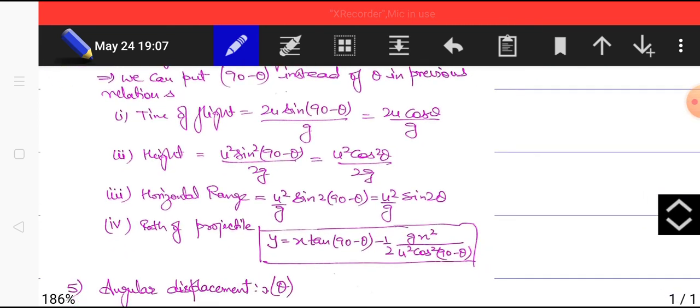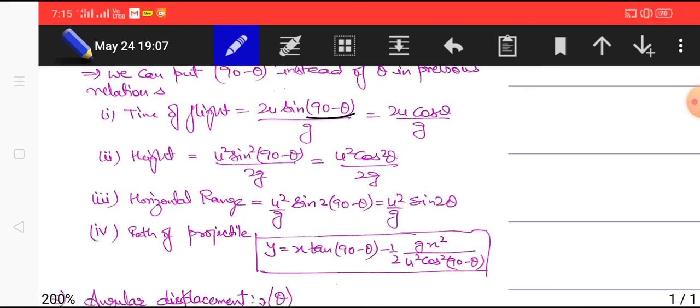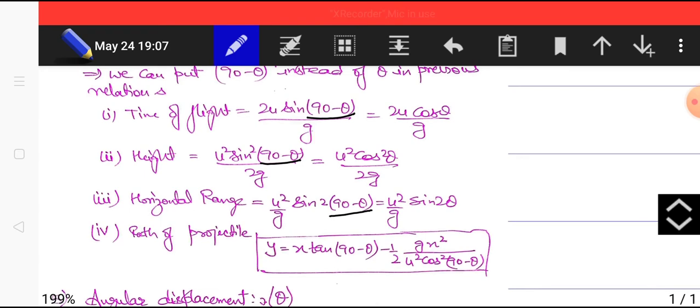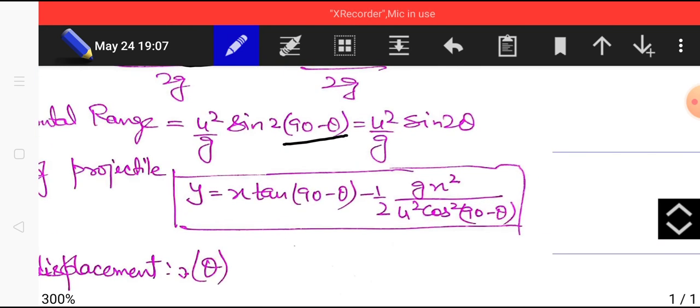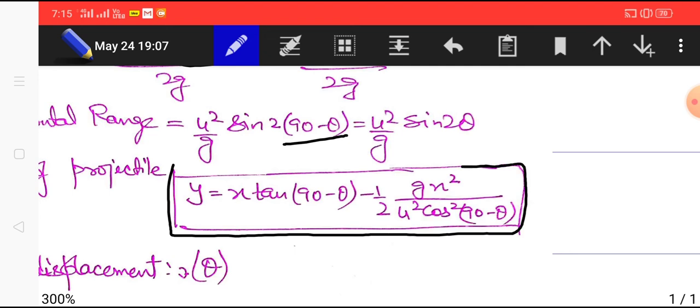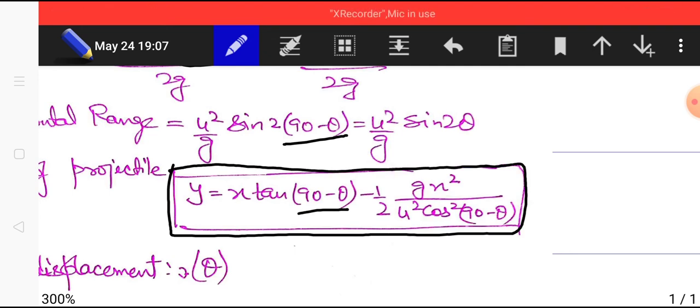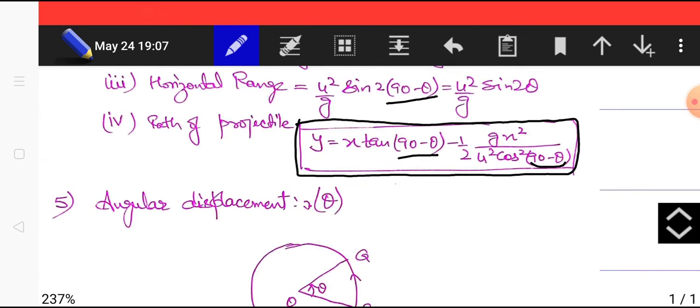So putting 90 minus theta in place of theta, we can get the relations for a projectile with the vertical angle. One more thing, the equation of path of projectile is y is equal to x tan theta minus half g x square divided by u square cos square theta. For calculating the path of a projectile with the vertical, we place 90 minus theta in place of theta and we'll get the relation.